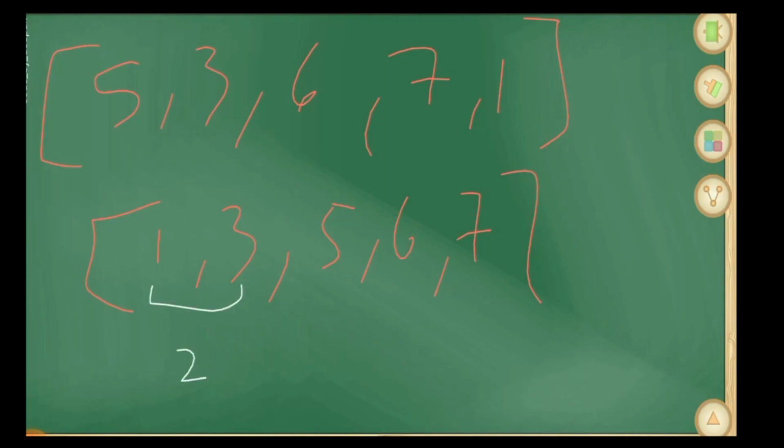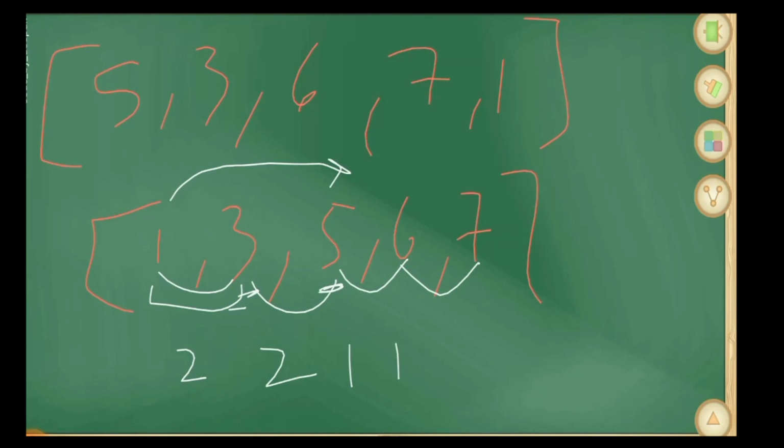And why do we take consecutive elements? Because the difference between 1 and 3 is always going to be less than the difference between 1 and 5, because 5 is greater than 3, so the difference is always more. So we simply check the consecutive element differences: 1 and 3, 3 and 5, that is 2, 5 and 6, that is 1, 6 and 7, that is 1.